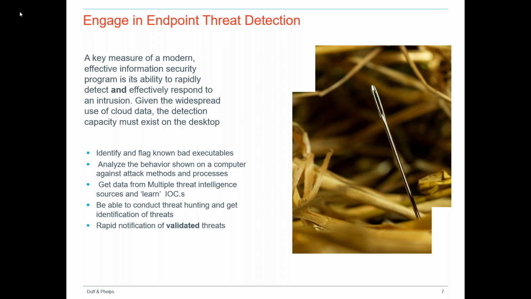Finally, the key part is when you do all this, when you get this visibility, you have to have a way to rapidly notify the team to act on a validated threat. This is the concept behind endpoint threat detection, this concept of total network visibility, and it is the way in which you get security in a world of highly mobile, highly editable attack vectors. Next slide.